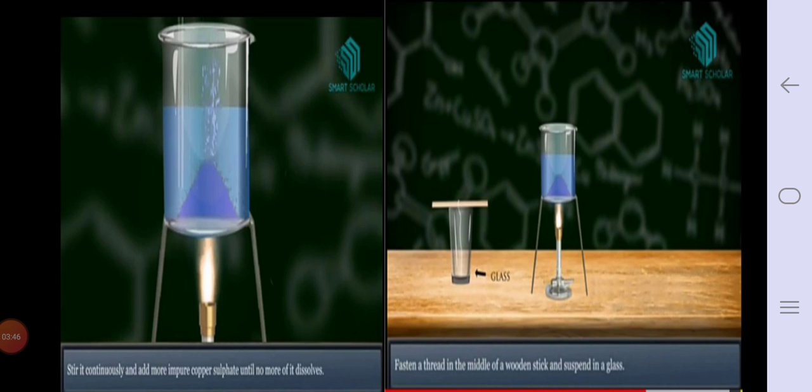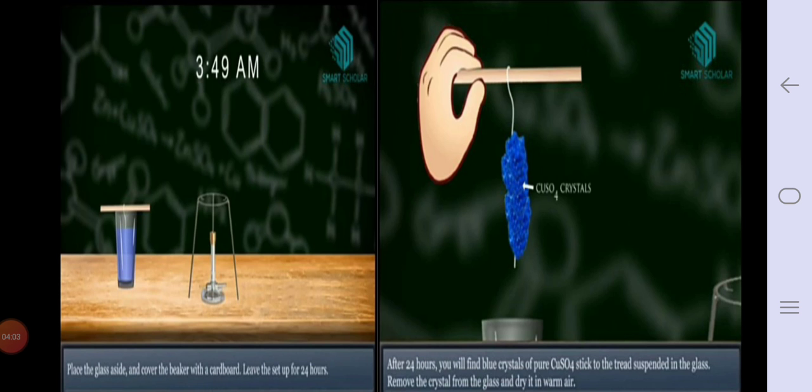So after stirring and boiling of that solution, we are going to take a thread and tie it to the middle of a wooden rod and insert it in a glass. Now as the solution is prepared, you are going to pour that solution in the glass. Now see here, place the glass aside and cover the beaker with cardboard.